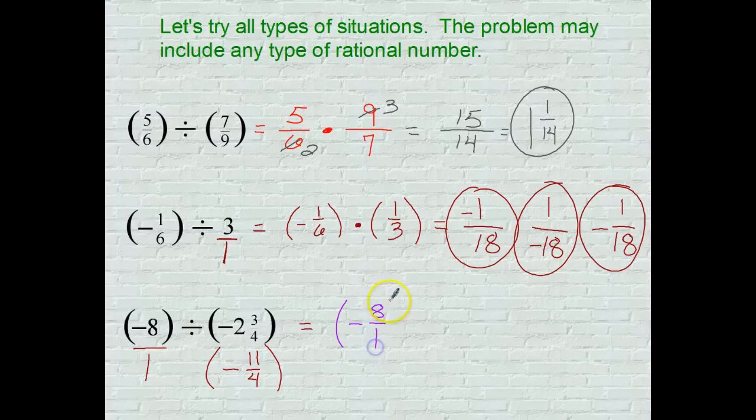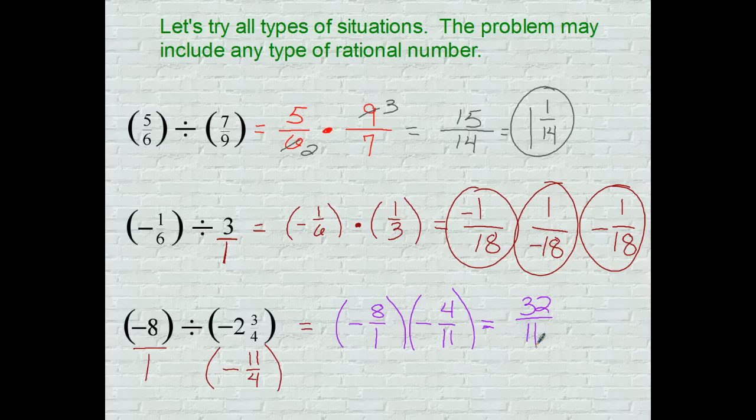Now we're multiplying by what? Well, if this was negative 11/4 to begin, we have to multiply by the reciprocal, which is 4/11. I don't see anything to cross cancel. No. Okay. We have in the top 32 over 11.